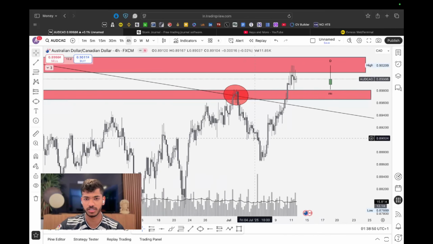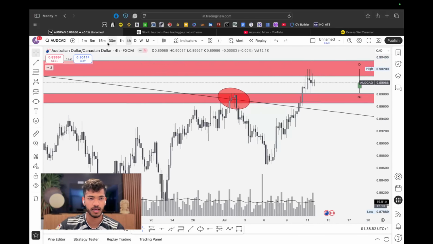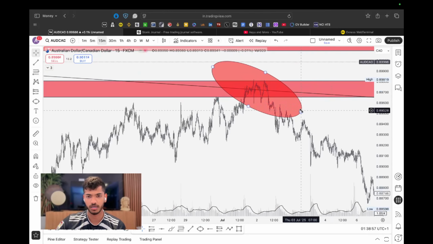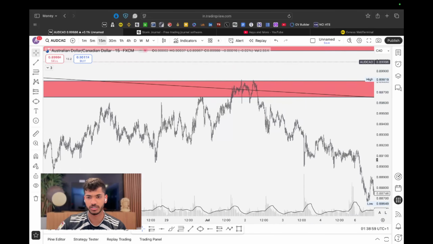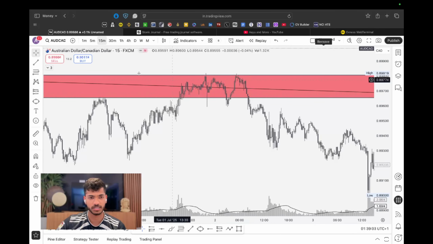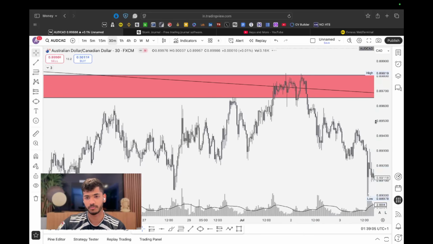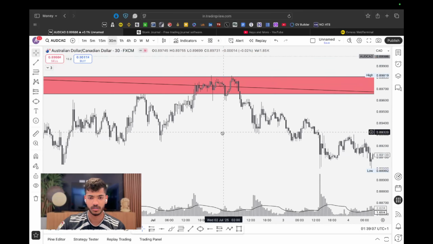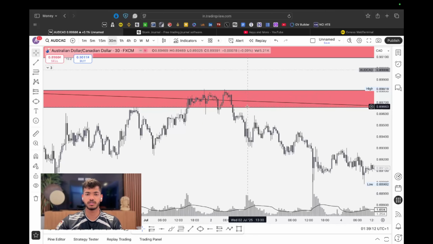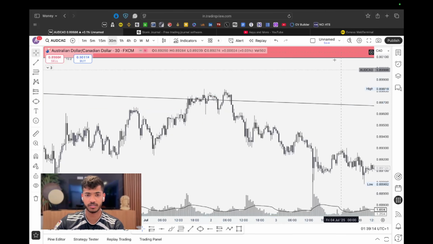So price touched here, and we'll move on to the 15 minutes time frame after this. Price was here, and it basically gave a downside move, and you can just examine this area.